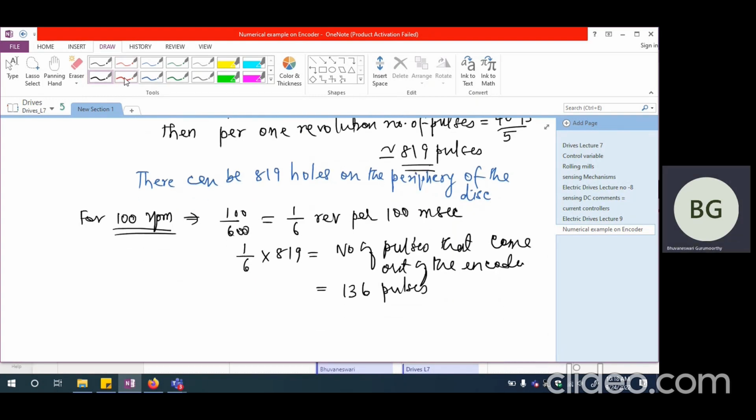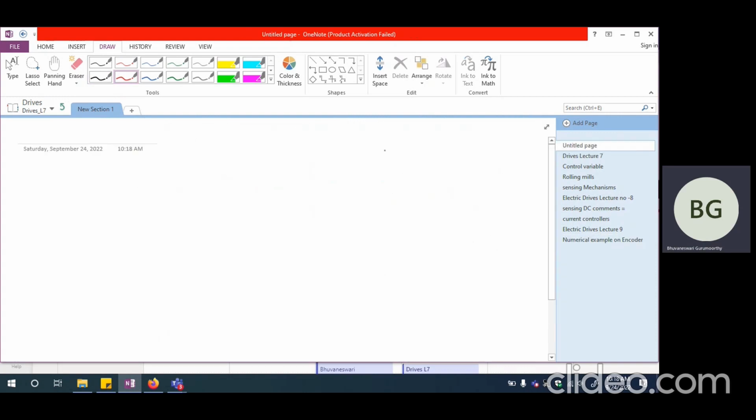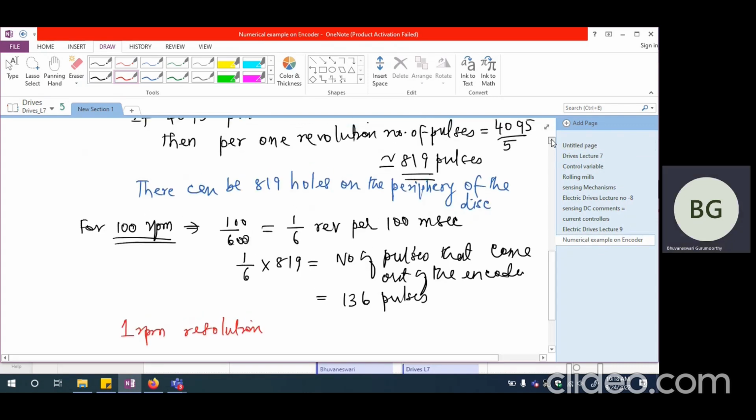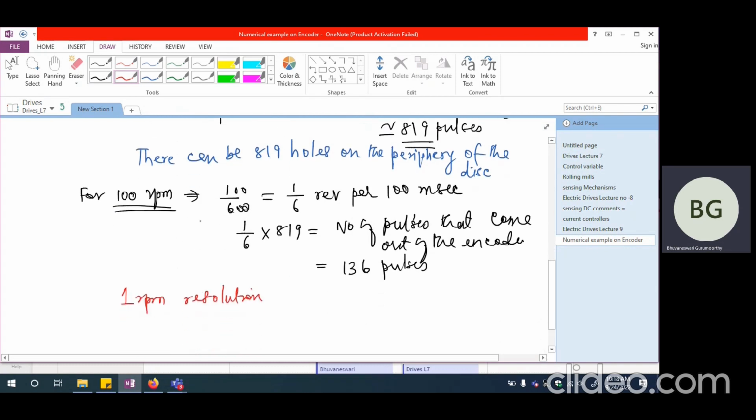So if I want 1 RPM resolution, okay, so you can say that for maximum speed of 3000 RPM, we are getting totally 4095 pulses. That is the count that we are getting. And for 100 RPM, we are getting the pulses to be 136.